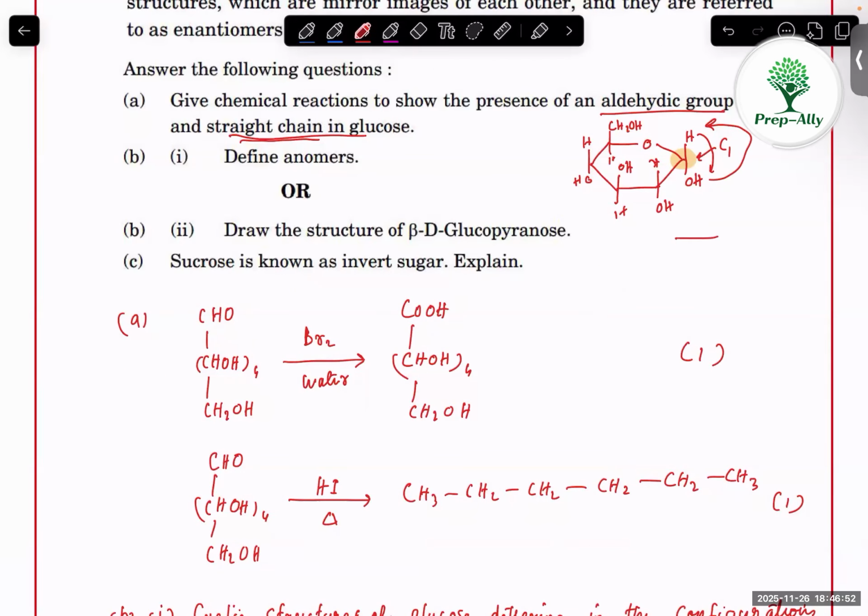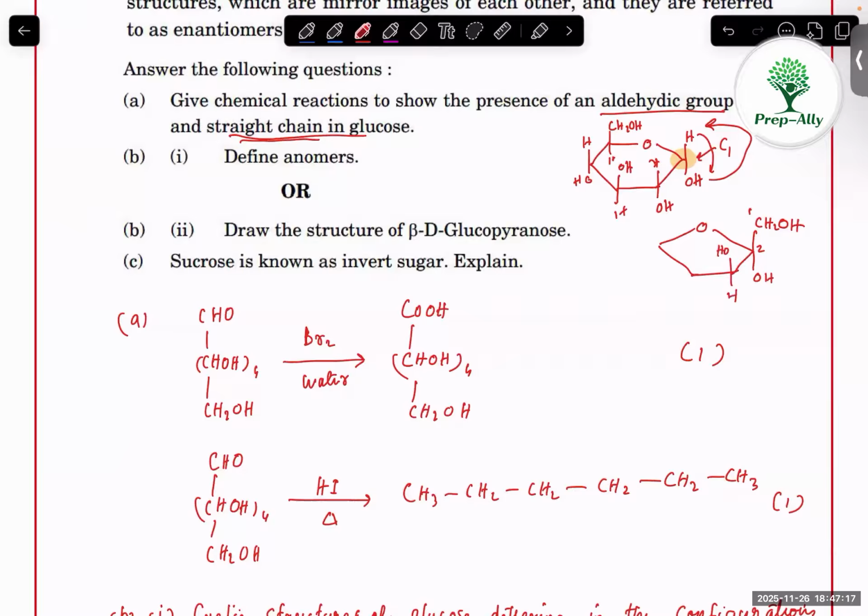If you look at the structure of fructose, instead of the pyranose structure, you will be getting the furanose structure. There also you will be seeing something like this, oxygen, and the structure will be something like this only. Here, this is the first carbon, this is the second one actually. That is why there is only one difference here.